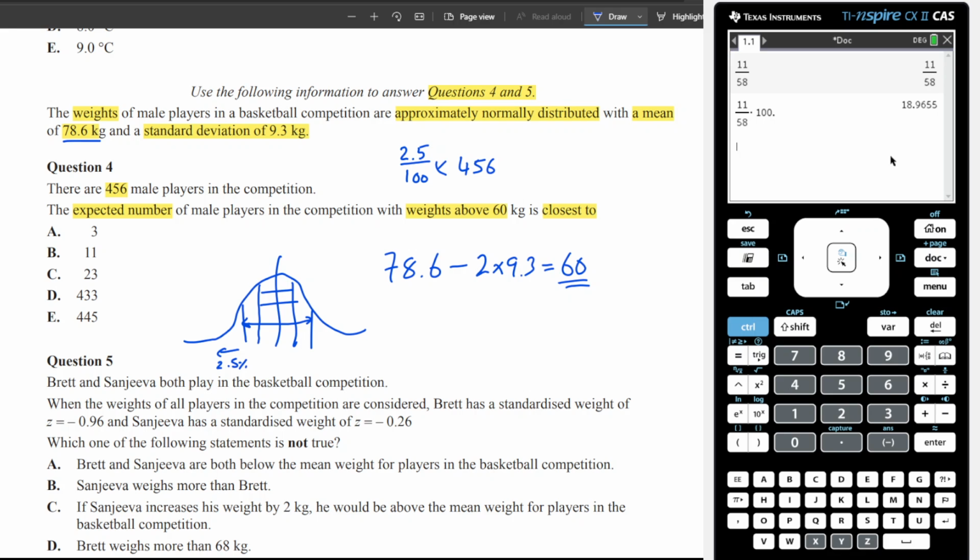So in our calculator, 2.5, divided by 100, and then multiply our answer by 456. This gives us an expected number of 11.4. Now they've asked us to round that to the closest number. So 11.4 is going to be 11.